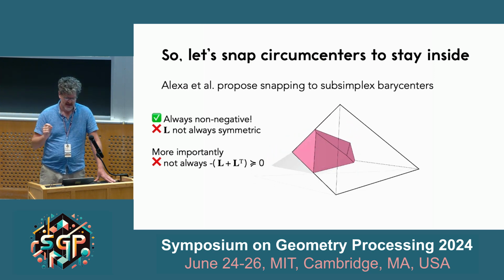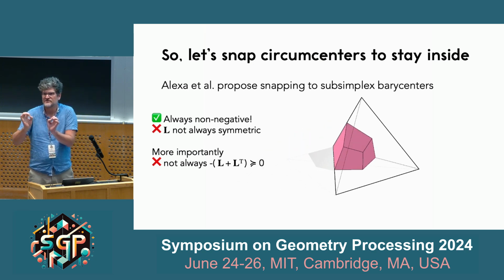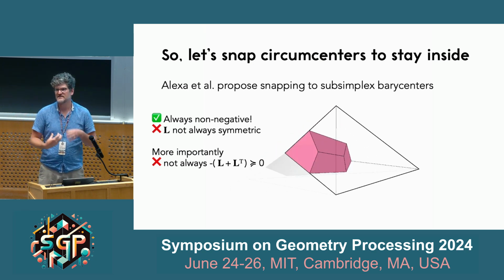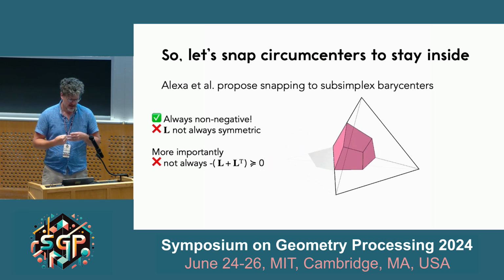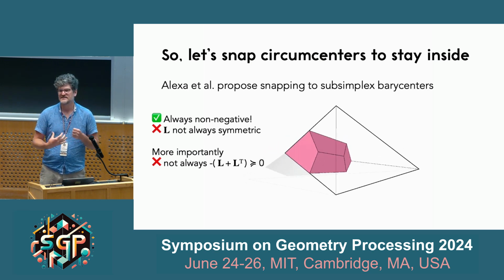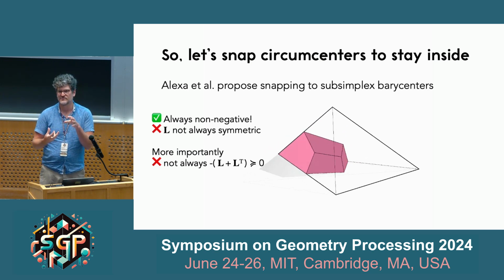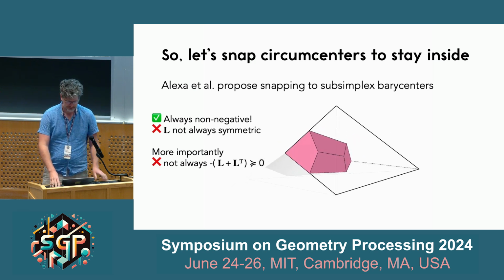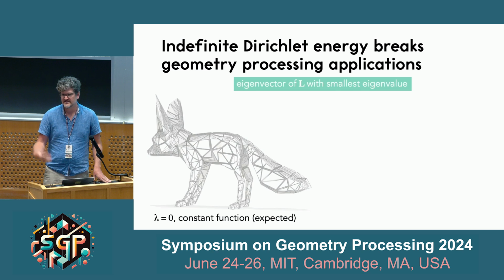So we can see as one of the vertices moves close to the boundary, it pops back inward. This is good because it keeps the volumes positive, but it's bad because it doesn't necessarily result in a symmetric contribution to the Dirichlet energy for that particular tet. And this poses problems in downstream applications.